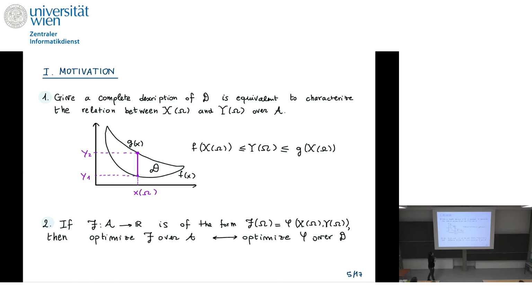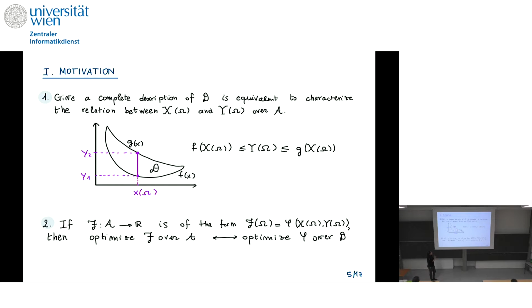Okay, so let me give a couple of motivations. First of all, giving a complete description of the diagram is equivalent to characterizing completely the relation between the shape functional capital X and the shape functional capital Y. To explain this, let me make an example.